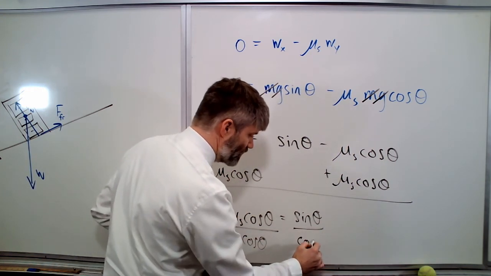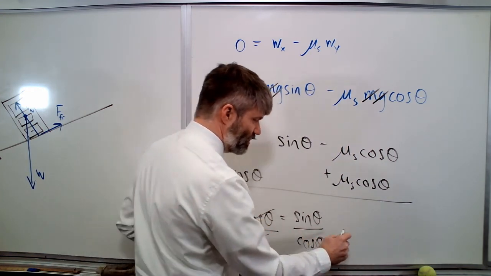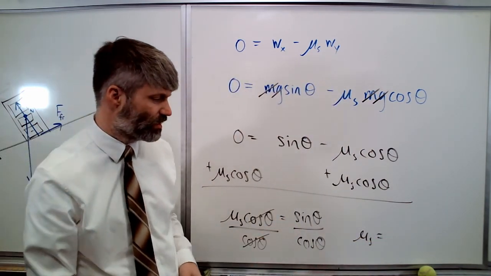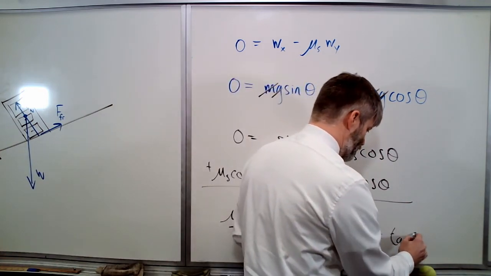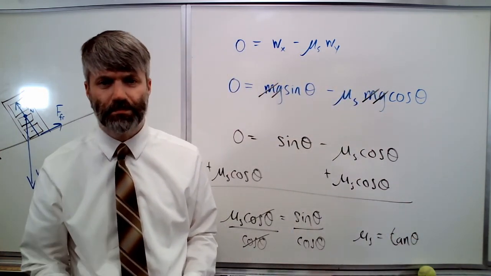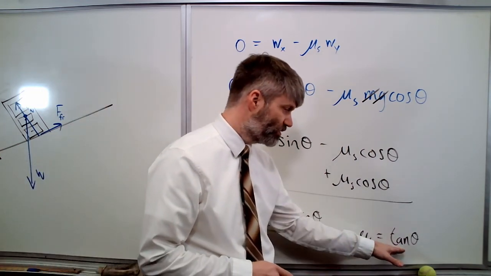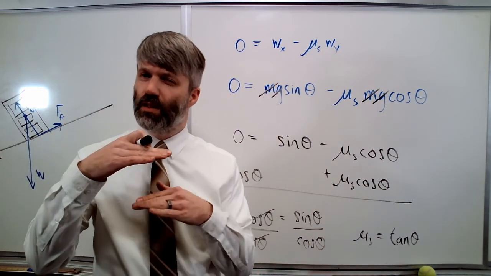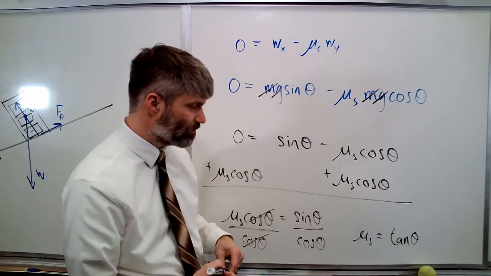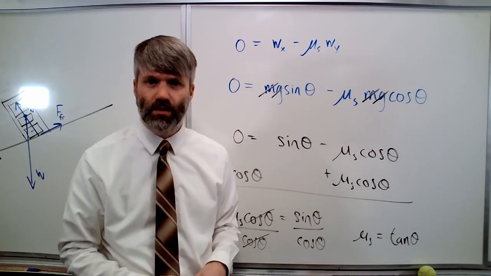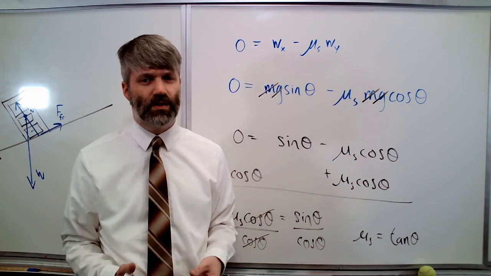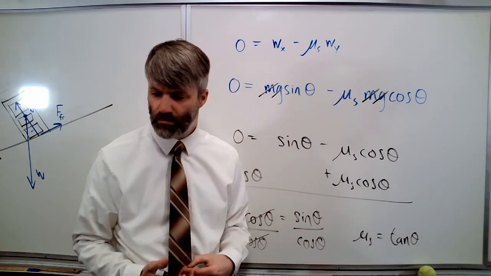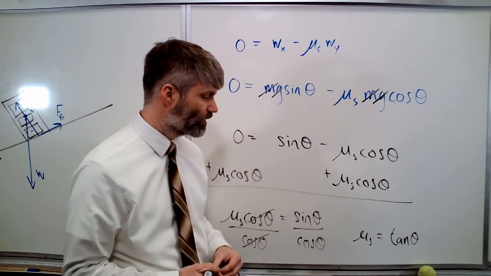Divide both sides by cosine of theta, and we'll see that mu s is equal to sine of theta divided by the cosine of theta, which is the tangent of theta. So when the tangent of theta, whatever angle we're tilting it to, is equal to the coefficient of friction between steel and steel in this case, which is 0.7, our object, whatever mass that object is, is going to start to slide. Fun.